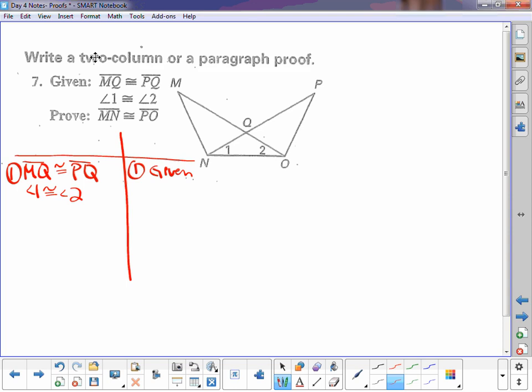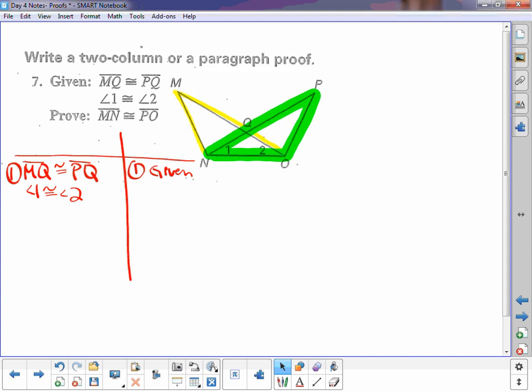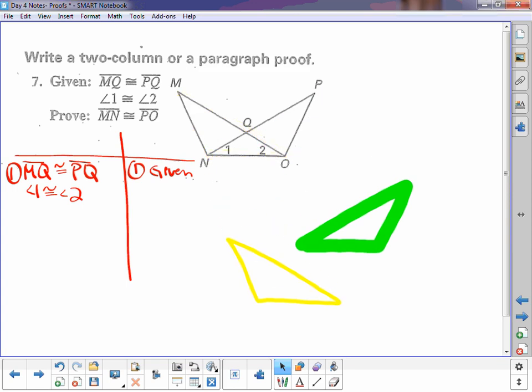So if I could show that these overlapping triangles are congruent, then I could use CPCTC. So MQ is congruent to PQ, I'm going to fill that in, and then angle 1 is congruent to angle 2.